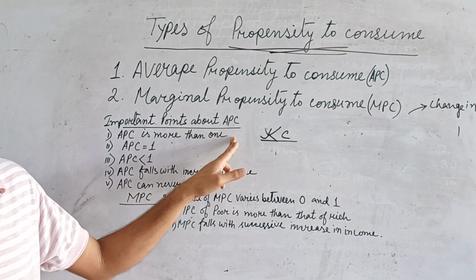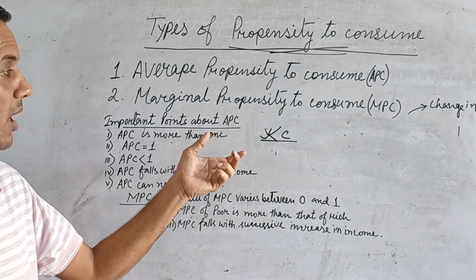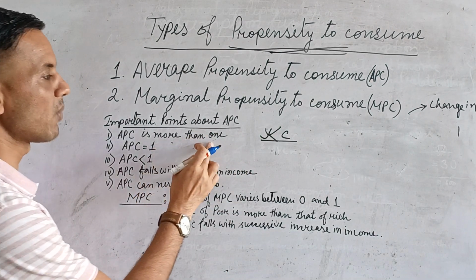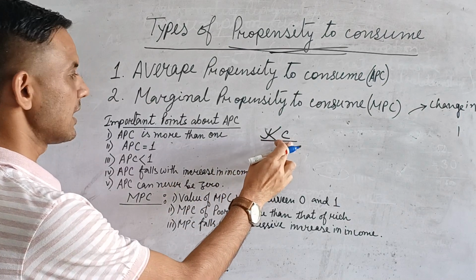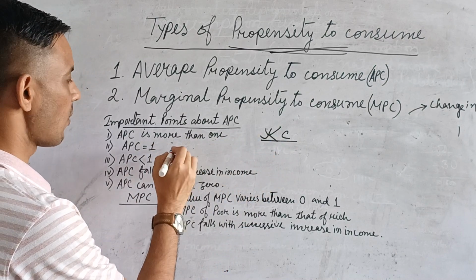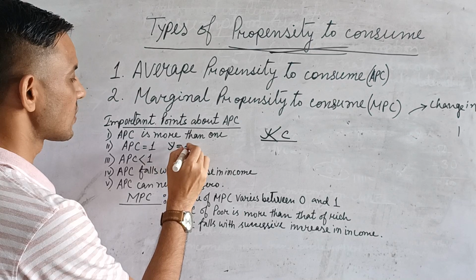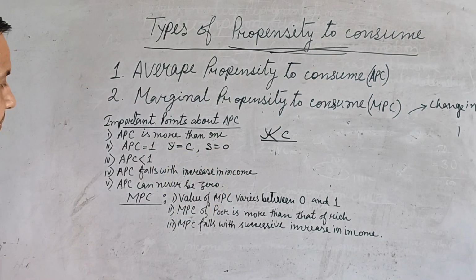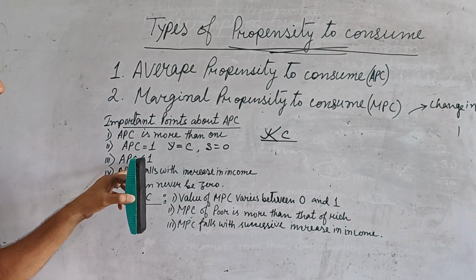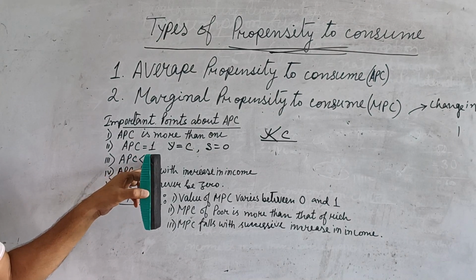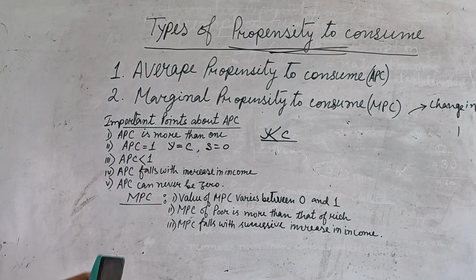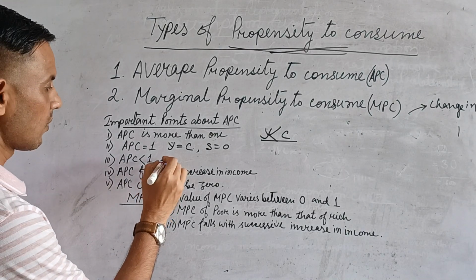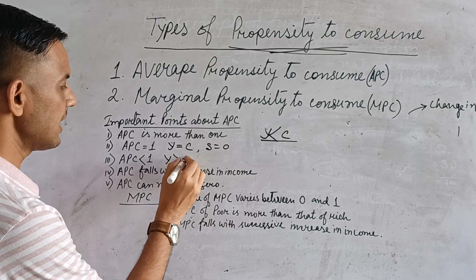It's very important in your board exam because it comes as a 1 mark MCQ. APC is more than 1 when Y is less than consumption. APC is equal to 1 when Y is equal to C, which means when savings is equal to 0. And APC is less than 1 when income is greater than consumption.